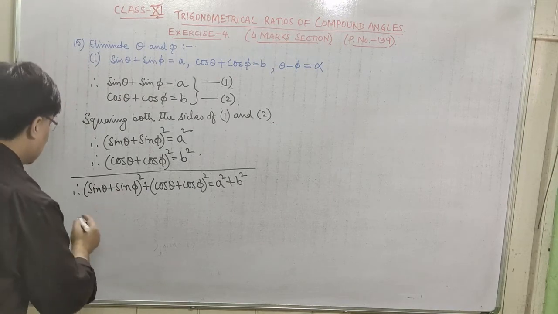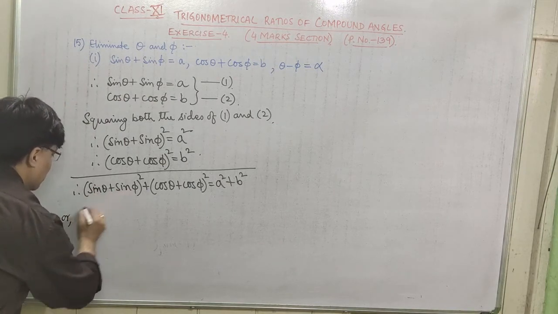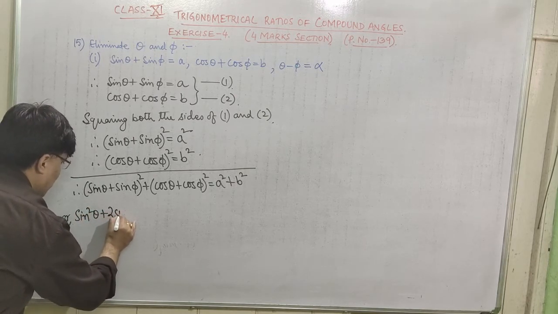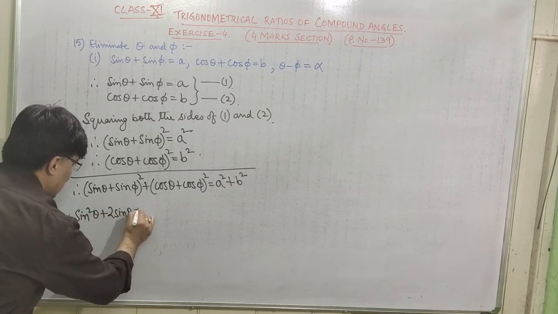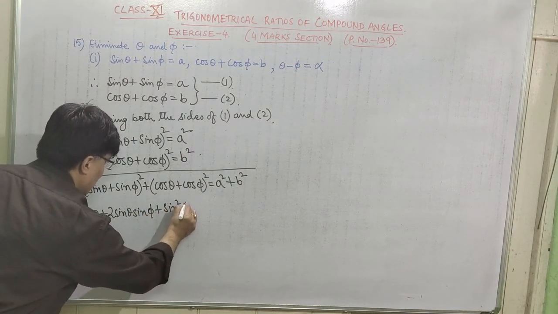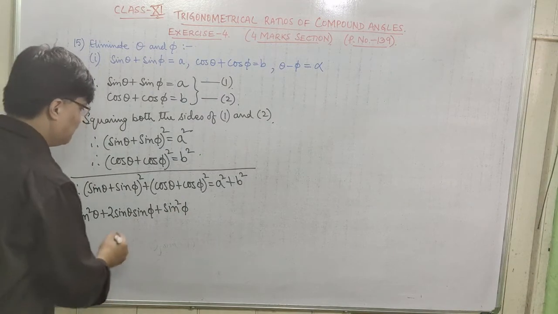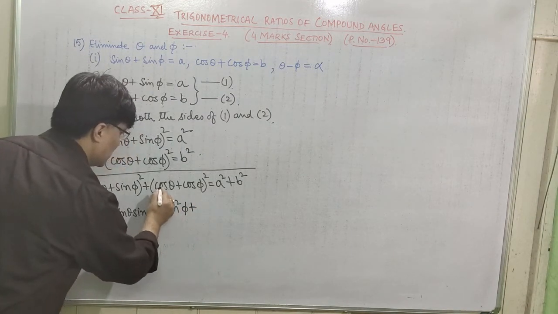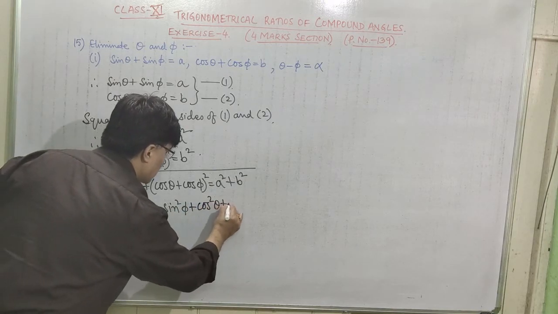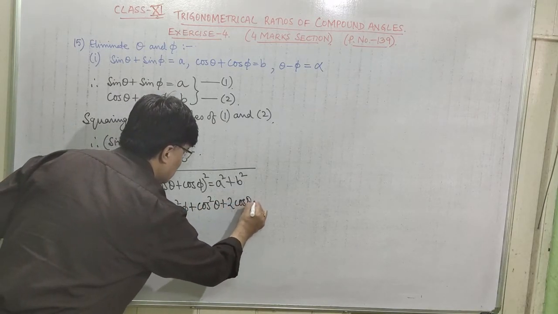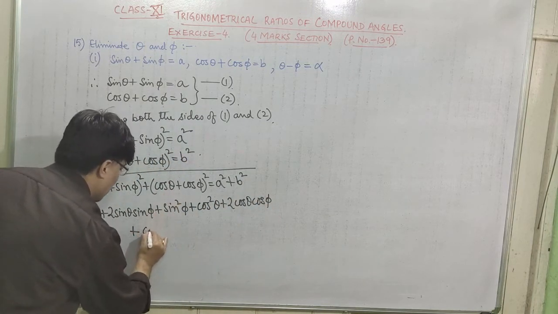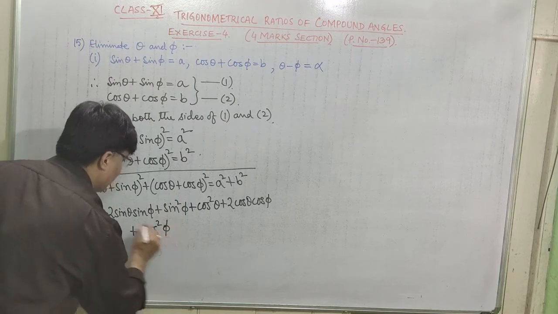Let us simplify it. Using a plus b whole square, this is sine square theta plus twice ab, 2 sin theta sin phi, plus b square, it is sine square phi. Plus similarly this is also a plus b whole square, cos square theta, twice ab, 2 cos theta cos phi, plus b square, this is cos square phi.